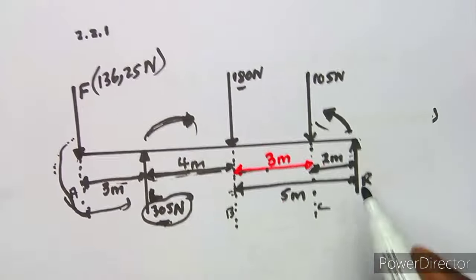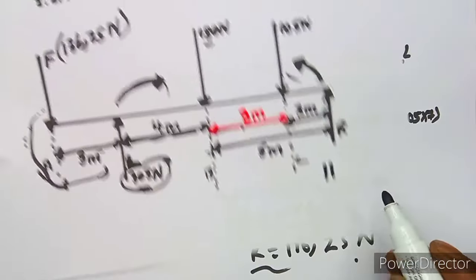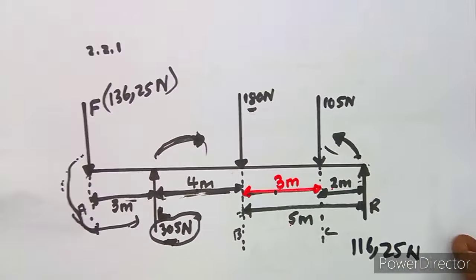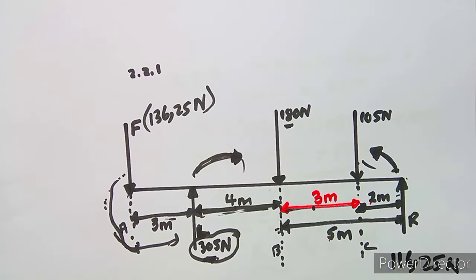So that's our R there, which is this one. So you can actually prove it by taking forces now using Newton's third law, F up is equal to F down. Otherwise here we are not told about that to prove, but you can actually prove by taking F up and F down.